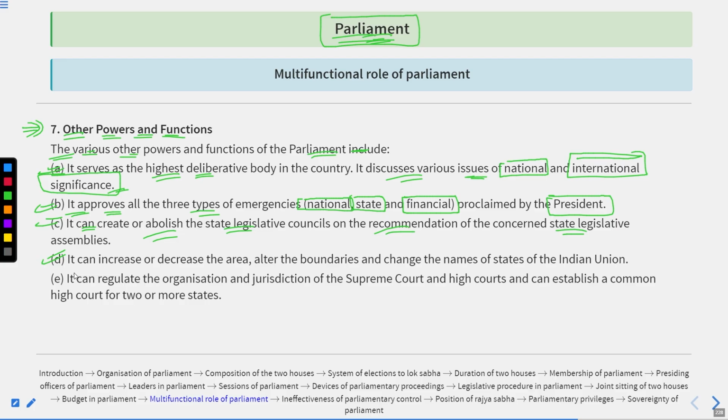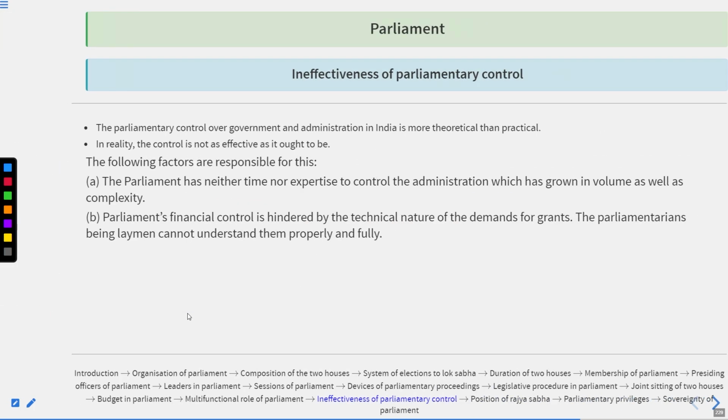So that's how the parliament could increase or decrease the area, alter the boundaries, and even change the name of the states of the Indian Union. It can also regulate the organization and jurisdiction of the Supreme Court and High Courts, and could also establish a common High Court for two or more states.